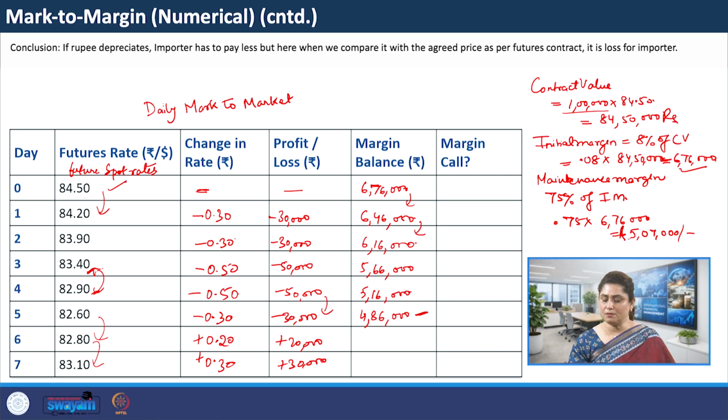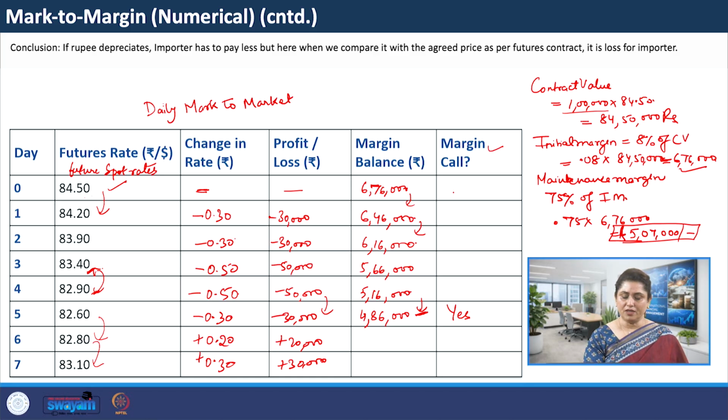Till the margin money is above 5,07,000, we do not trigger any margin call. But since it has gone down below this rate of 5,07,000, we are going to initiate the margin call. The question is whether the margin call will be initiated.